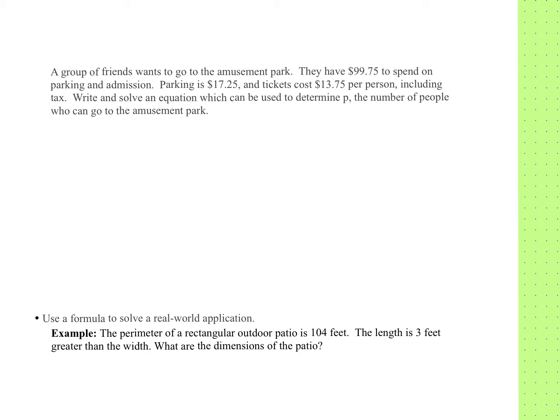Write and solve an equation which can be used to determine P, the number of people who can go to the amusement park. So we're going to start this by saying, because they ask us that, let P be the number of people that can go.